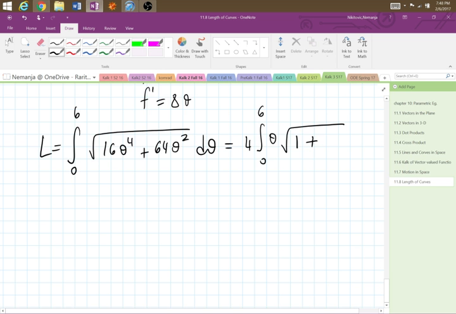Plus, and what's left in the second one? Yeah, it should be theta squared plus 4, right? Yeah, that's what I have. D theta. Of course, cool, man. How do we integrate this?